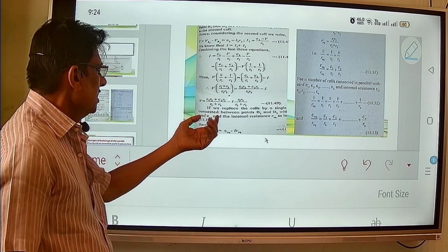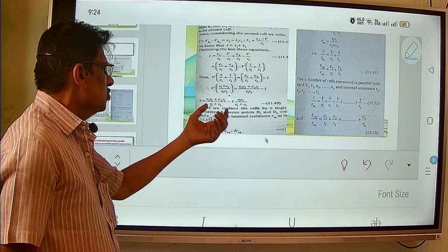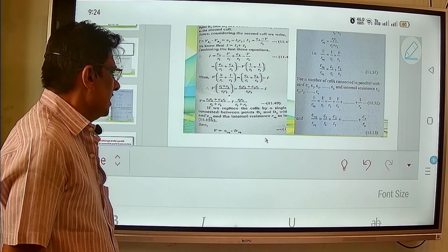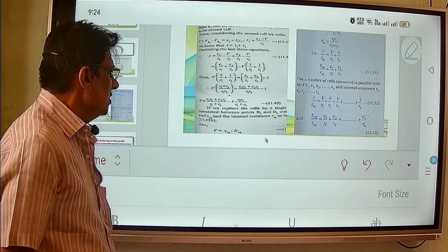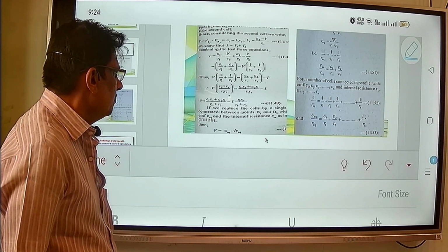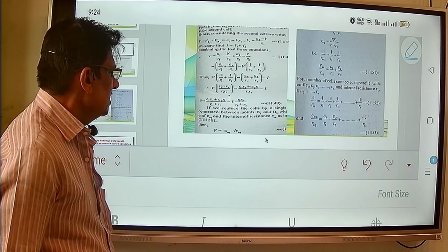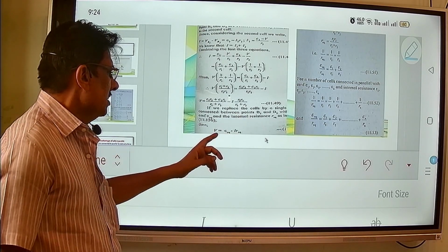So if I replace these two cells by a single cell, then the connection between the two points B1 and B2, with EMF E equivalent and resistance R equivalent, will look like this.